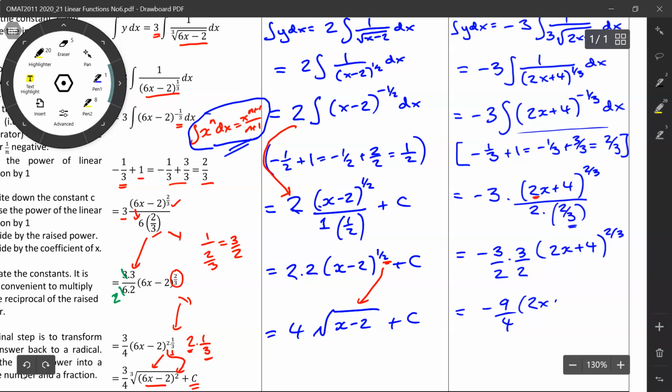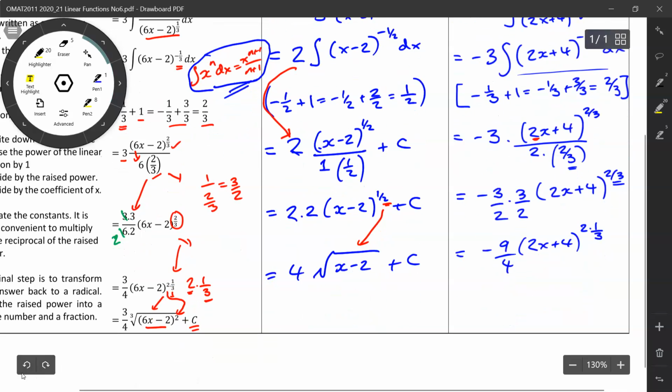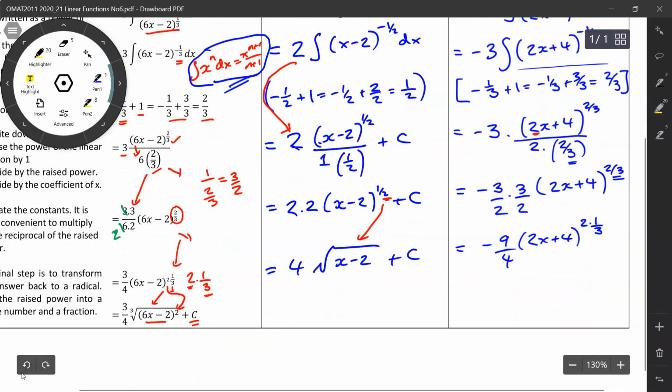And we want to rewrite the answer as a radical. So we split the 2/3 here into 2 times 1/3. Then that is equal to minus 9 over 4.